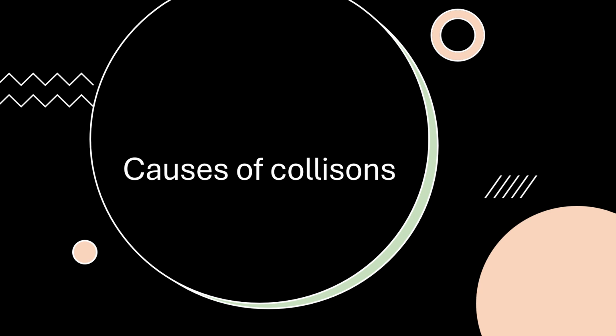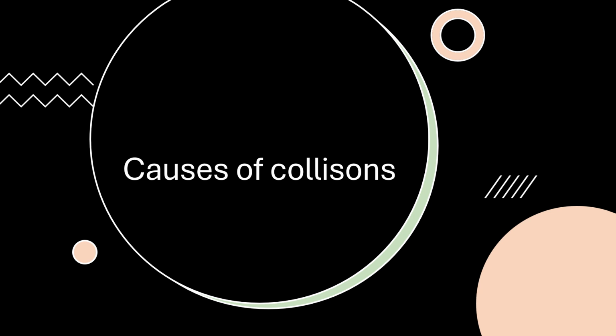The line of impact is the line that passes through the centers of the colliding bodies. If the two moving bodies have a common line of impact or intersecting lines of impact, then the collision will occur. When the line of impact is common between the moving bodies and the velocity of the first body is greater than the second body, then there will be chances of collision, and it might be another cause of the collision.